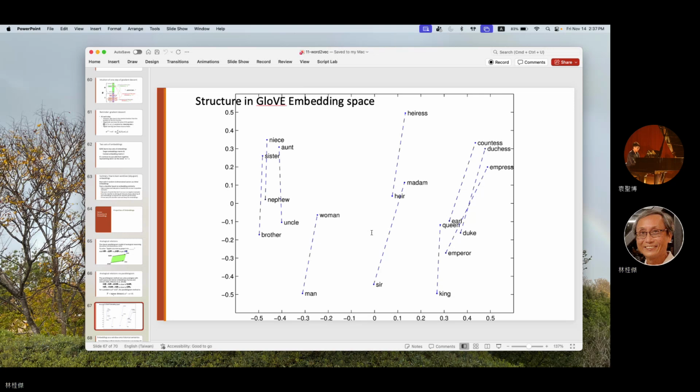So you have all these different words, and they may be in some space, but from aunt to uncle, compared with niece to nephew, compared with sister to brother, in terms of their vectors, the relationships between them are actually similar. Also man to woman, sir to madam, heir to heiress.